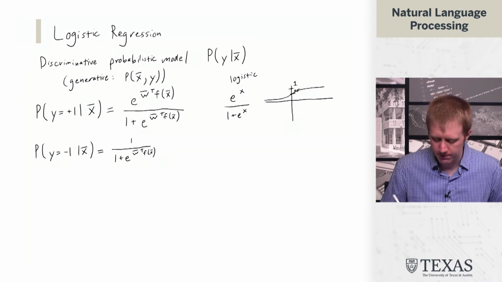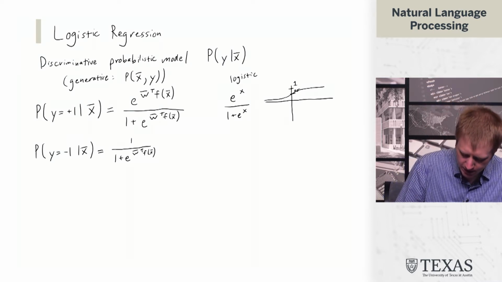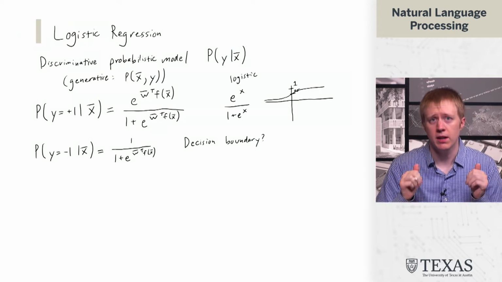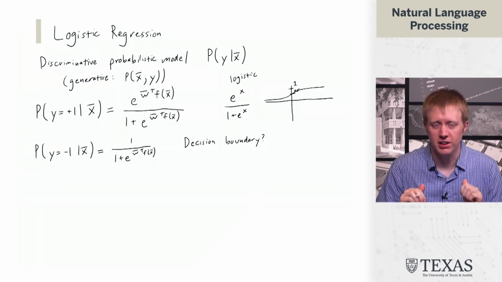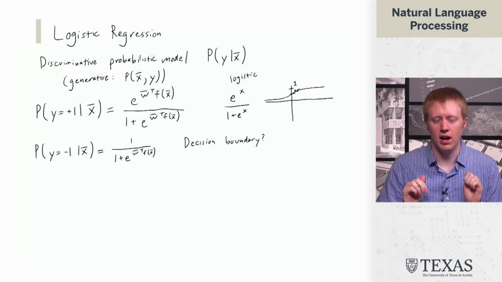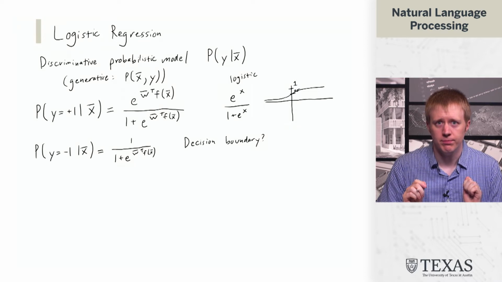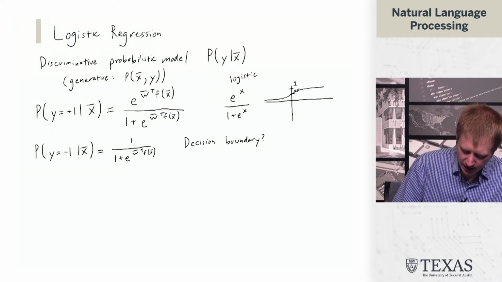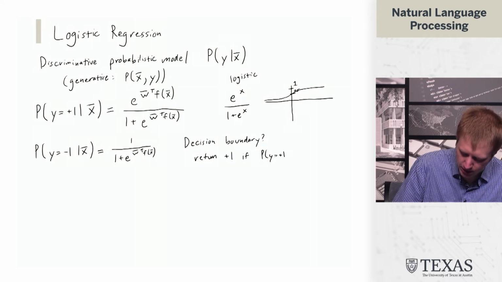All right. And then the other thing we can ask ourselves is, what decision boundary does this imply? So remember, we're doing classification. So when I give you a point and you have a logistic regression classifier, you should be able to tell me a label for that point. So one plausible way of doing this is you return +1 if P of y equals +1 given x is greater than 0.5, right?